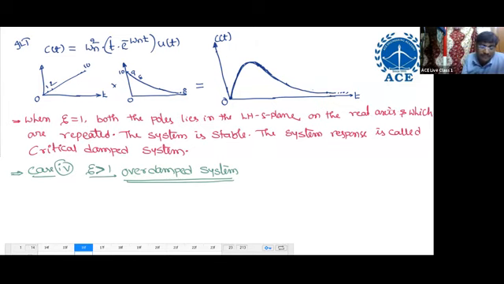Come on, what is C of S? What are the roots? We already found the roots. S1, S2 equal minus zeta omega n plus or minus omega n into root of zeta square minus 1. These are the roots for over damped system. Now locate in the S plane.